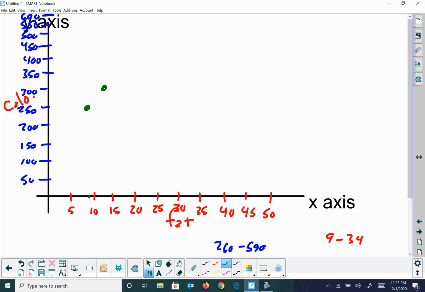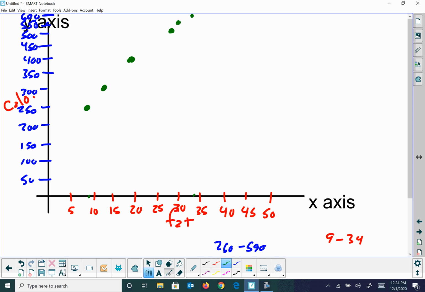Then 21 and 420. 30 and 530. 31 and 560. And 34 up to 590, so that's way up here.